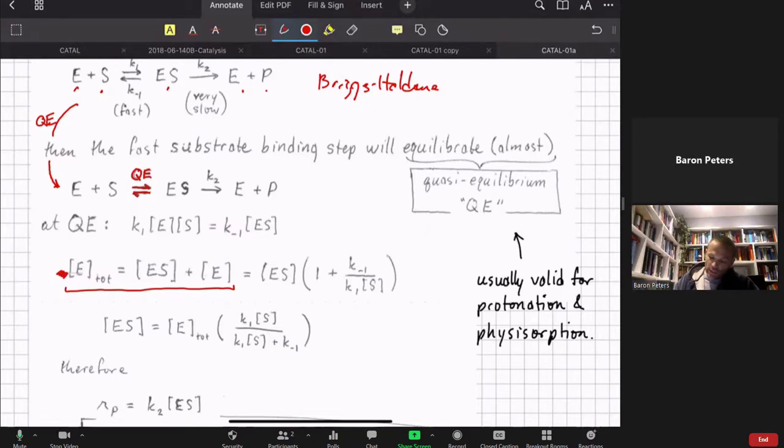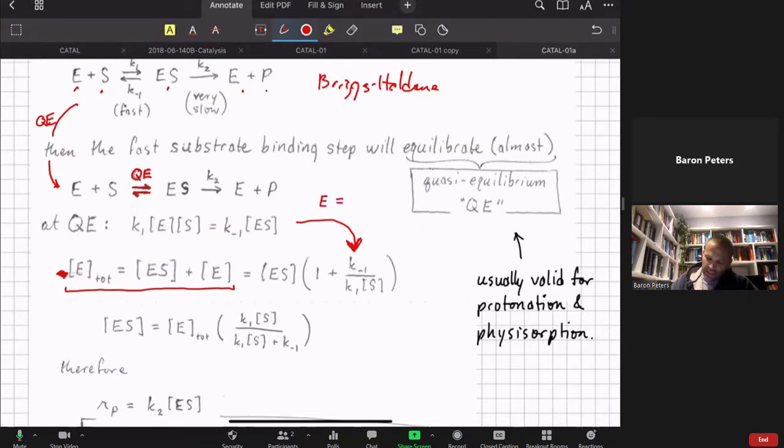So enzyme substrate plus enzyme concentration. I write down the enzyme concentration in terms of the ratio K minus 1 over K1 S. This comes from this equation right here. So we're going to plug this in.